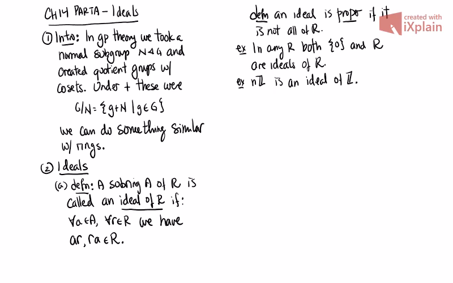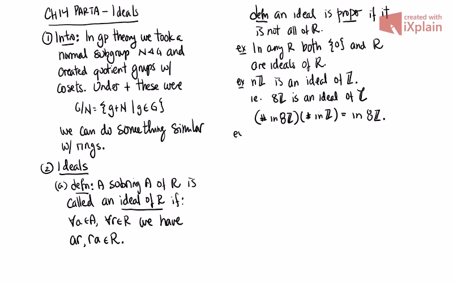For a specific example, say 8Z is an ideal of Z, because if you take a number in 8Z and you multiply it by a number in Z, the result is in 8Z. And it doesn't matter which way you do it. The multiplication is commutative here, so it makes no difference.